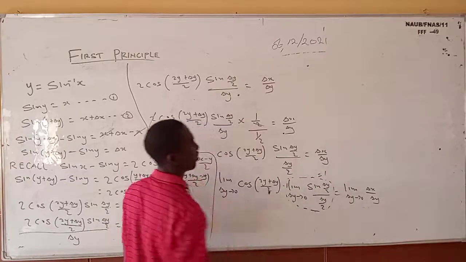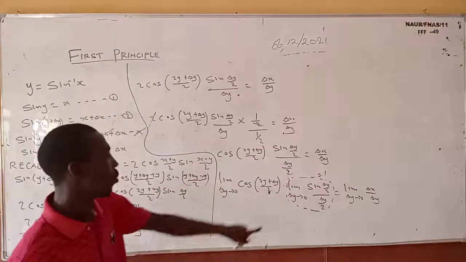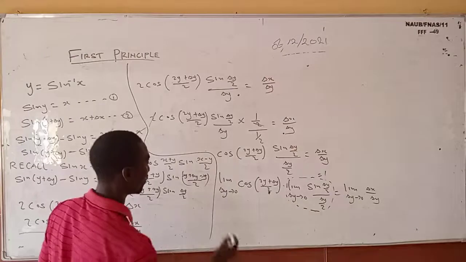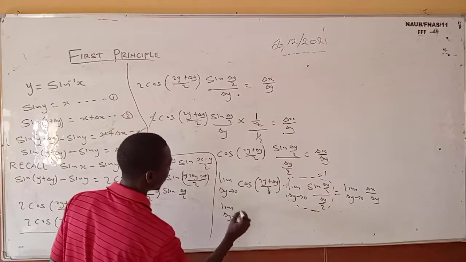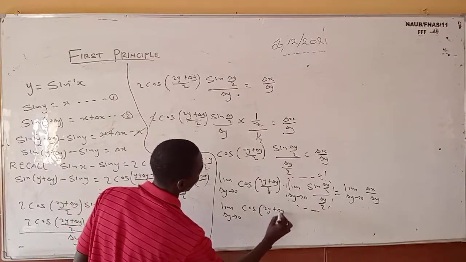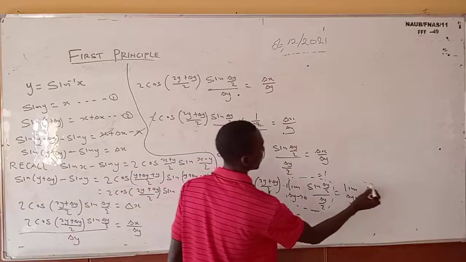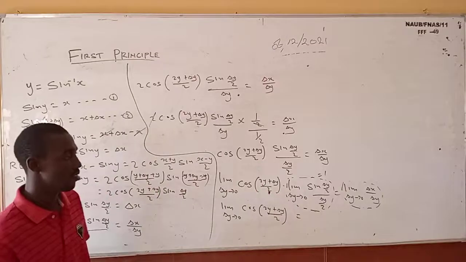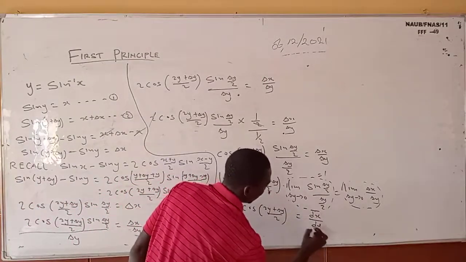It's nothing but 1. And 1 multiplied by this will still give us this back. So we are going to be left with the limit as change in y approaches 0 of cos of 2y plus change in y over 2, which is equal to, and what is here is nothing but ds over dy.